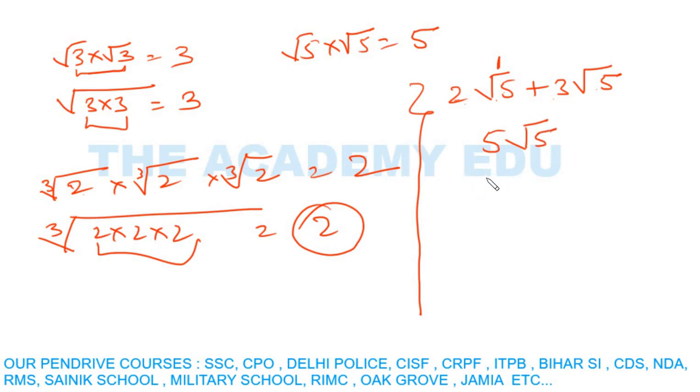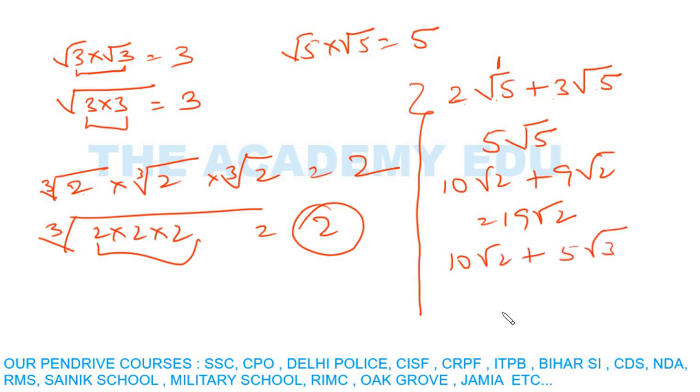Suppose I say 10 root 2 plus 9 root 2, you can say 19 root 2. Suppose I say 10 root 2 plus 5 root 3. Now you cannot add it, because here there is a root 2 and here there is a root 3. Got it? This one.